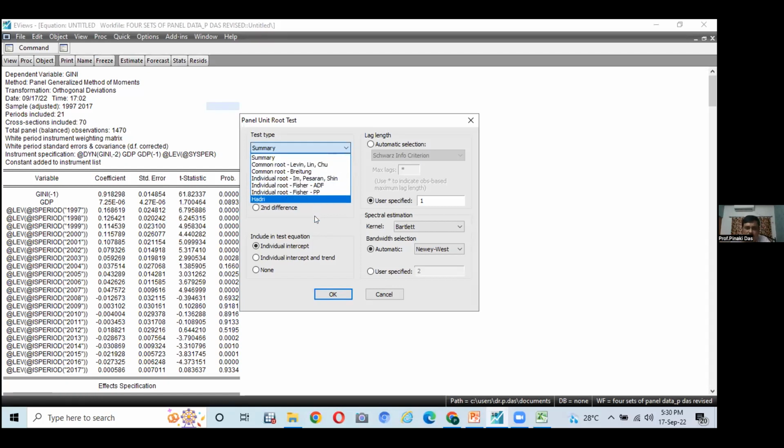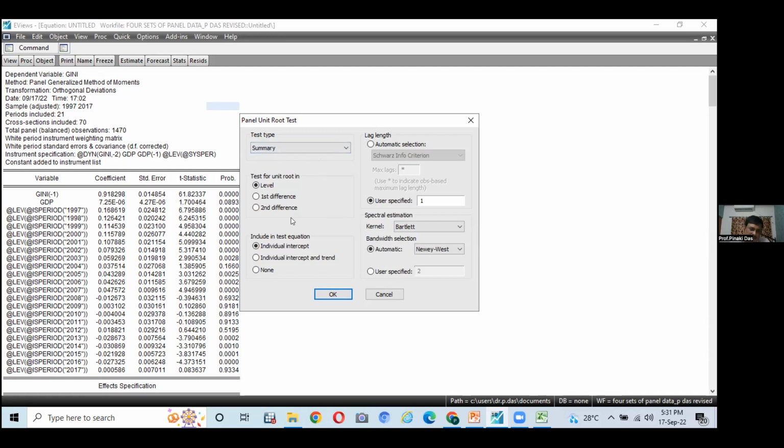You will try for your data set. Here by default I consider summary statistics. Summary means the software considers some selected methodologies among these 6 alternative types of panel unit root test. That is the selection of the test type.